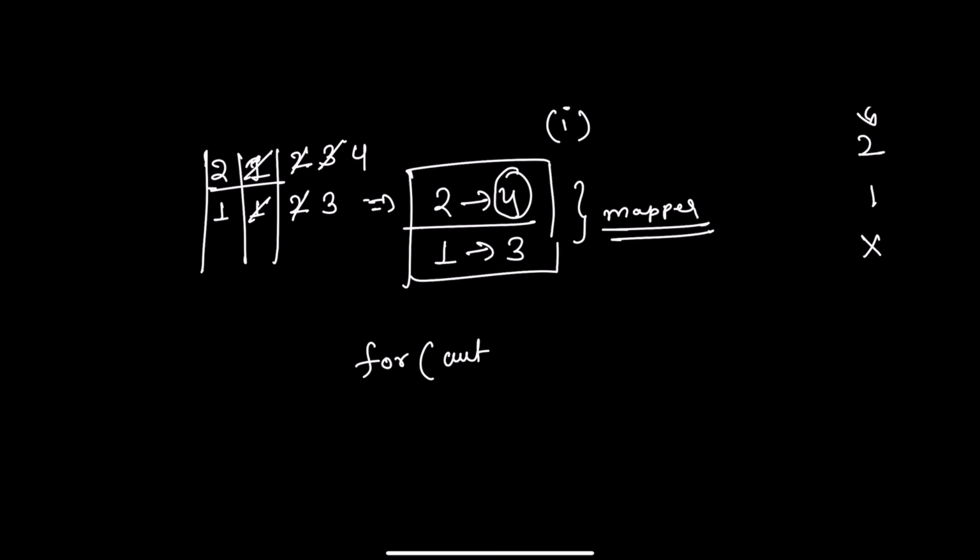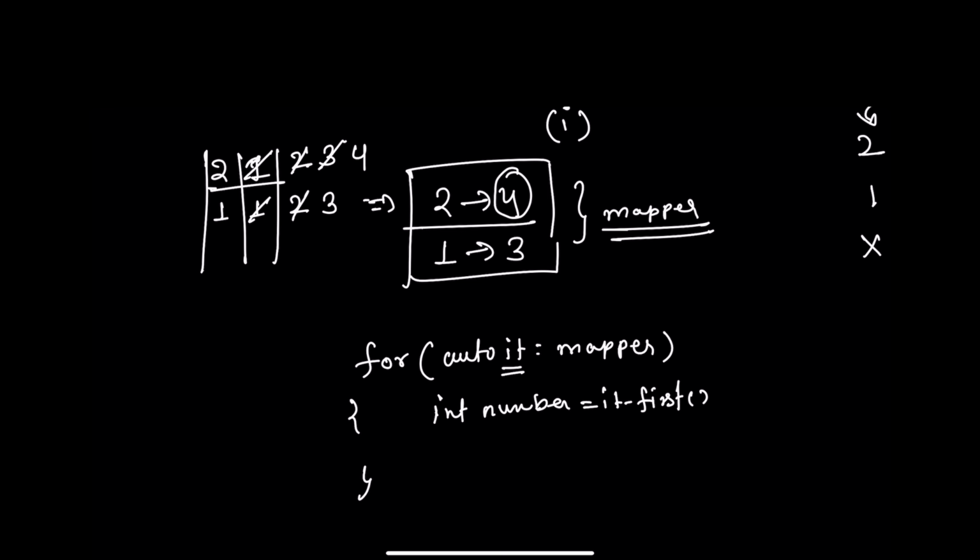For auto it in our mapper, what is its first element? It's a map, so it dot first is our number. So int number is it dot first, and int frequency is equal to it dot second.